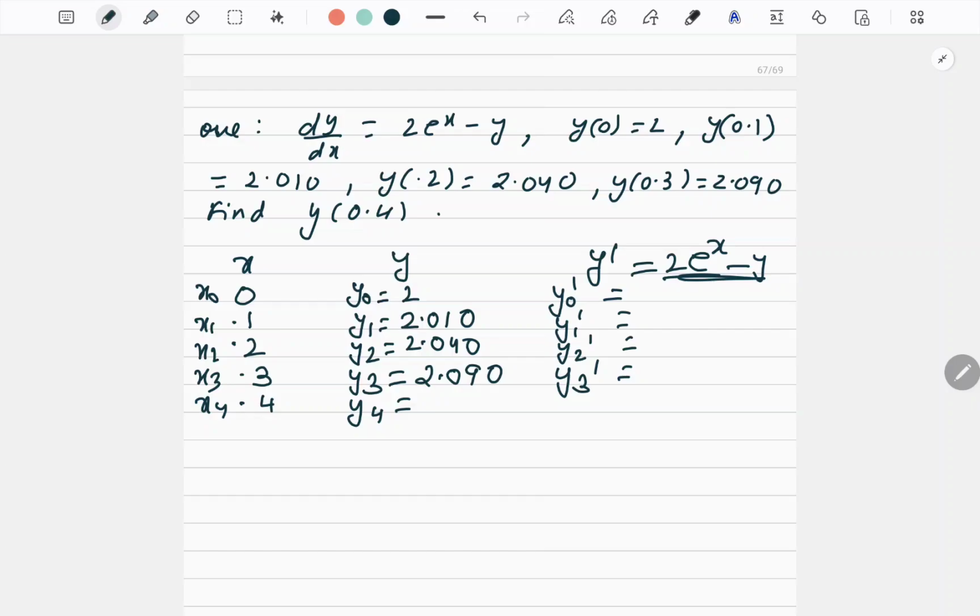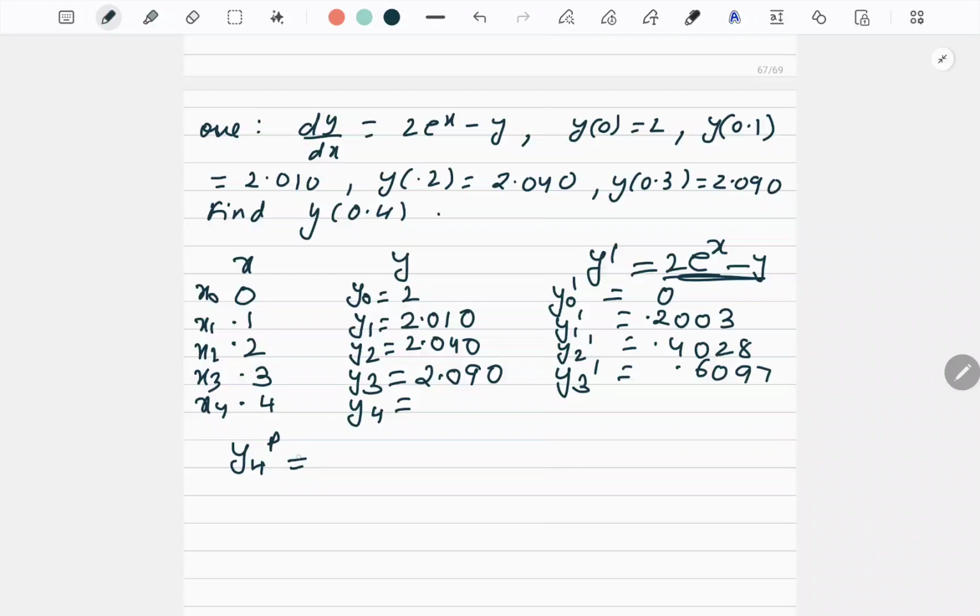I am telling you again and again because if you keep on listening, then in exam when you will do, you will get definitely stuck. When you do only, you will understand where you are facing the problem. So 0.2003, 0.4028, 0.6097.